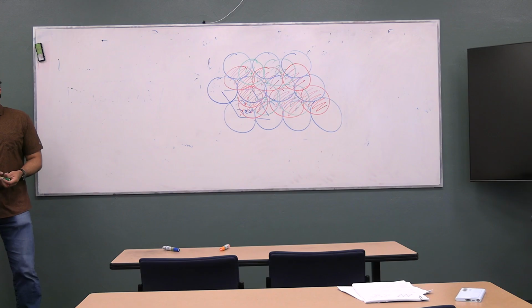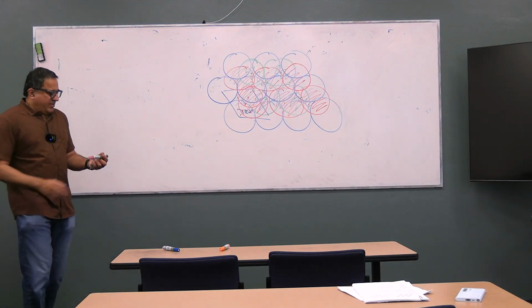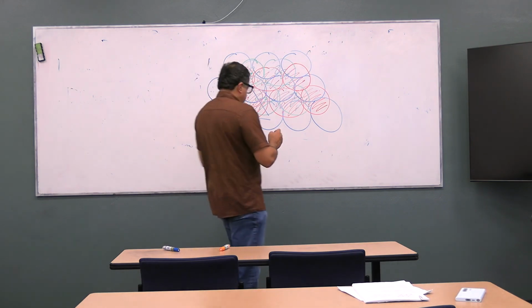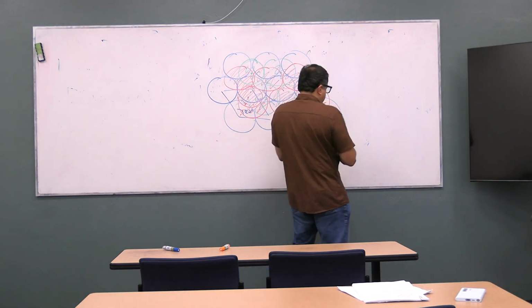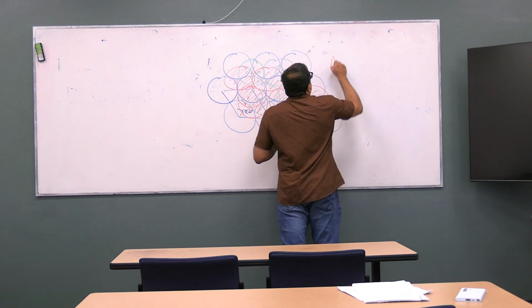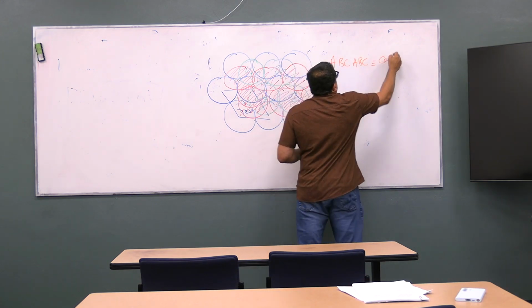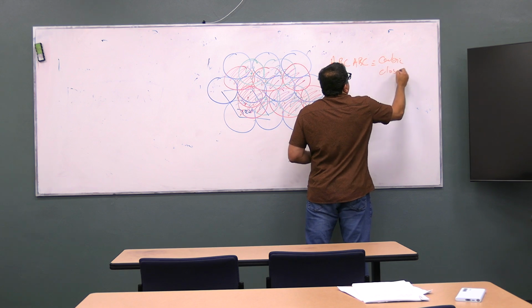So that would be ABC, ABC stacking. If I have this kind of stacking, I call it cubic close packing. So this is ABC, ABC stacking. Cubic close packing.